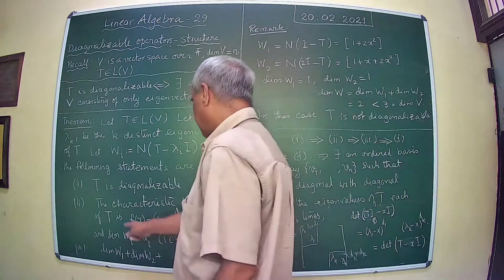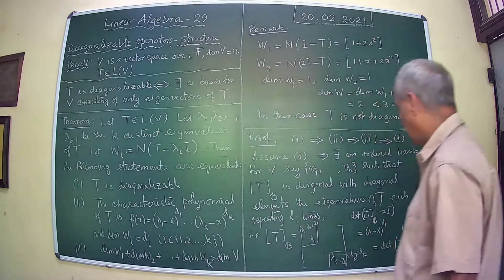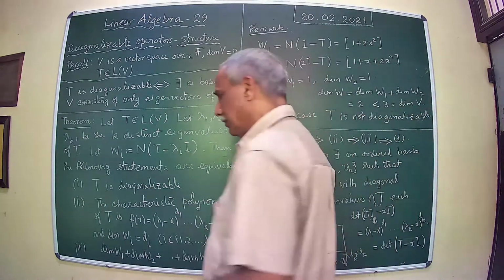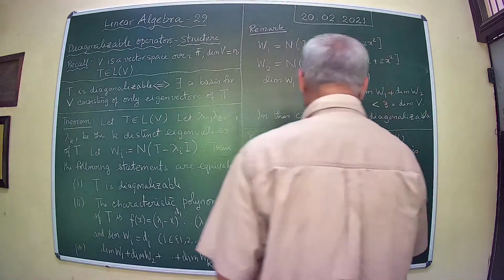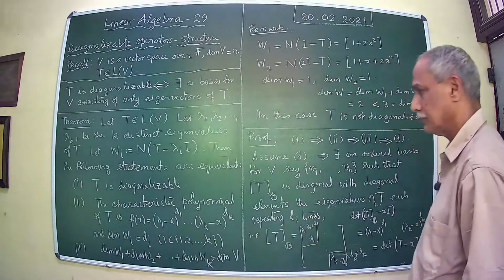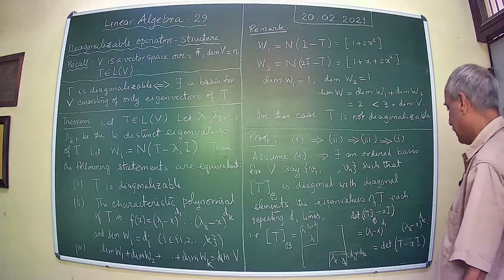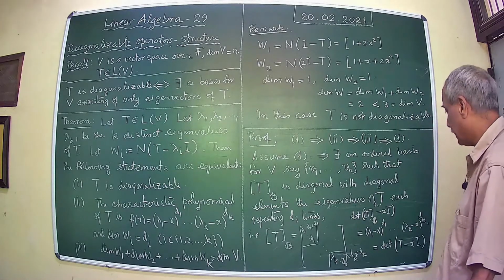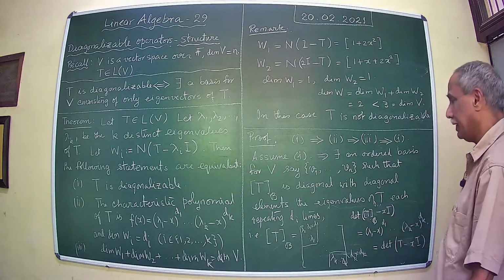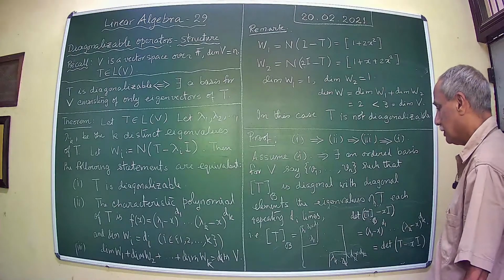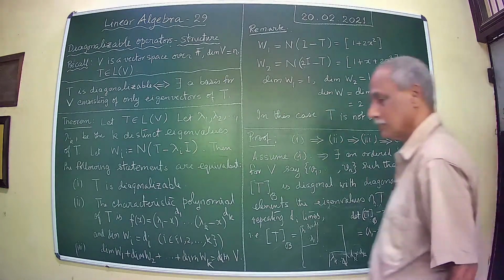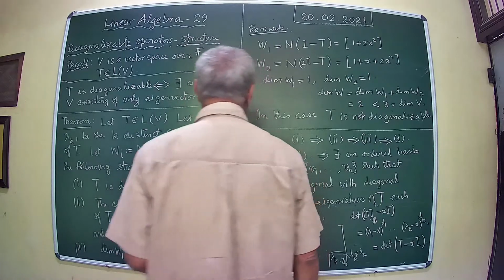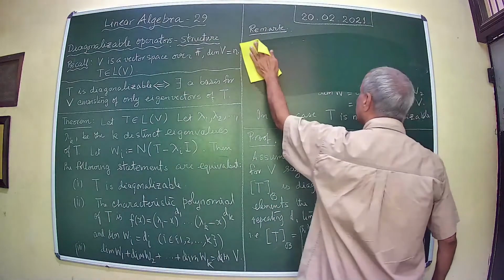Therefore, the characteristic polynomial of T is this one. And we also observe that in this case, the null space of T minus lambda i I has dimension equal to the dimension of the null space of the diagonal representation minus lambda i I. So we get the required result.